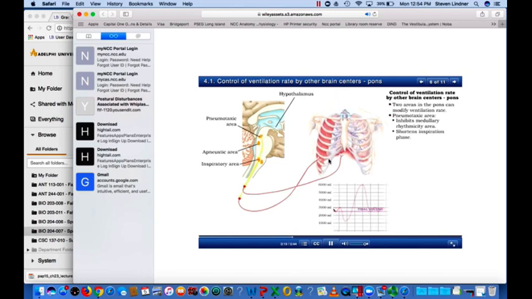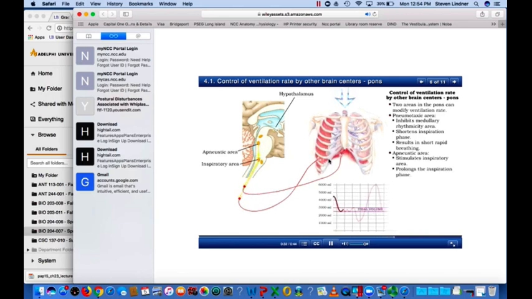This produces short, rapid breathing. In contrast, the apneustic area stimulates the inspiratory area, which prolongs the inspiration phase. This results in long, deep breaths.